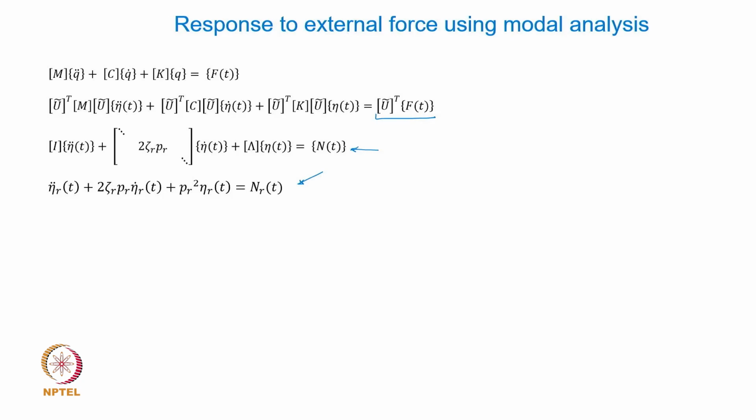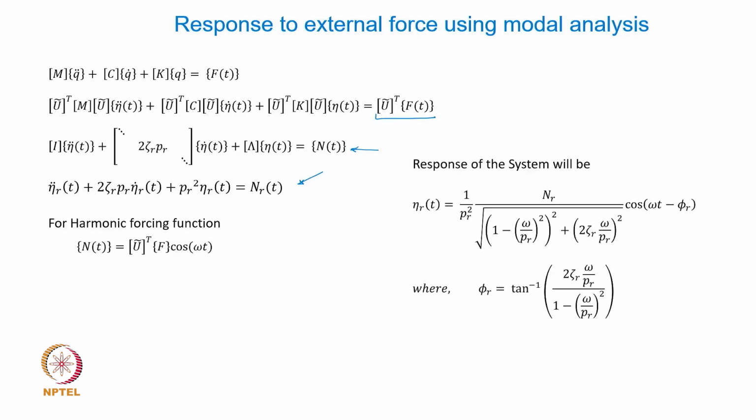And it is quite possible again to show that the response to this is given by this expression, the same way as we did for a single degree of freedom system, where x of t was given as f naught by k divided by this expression.